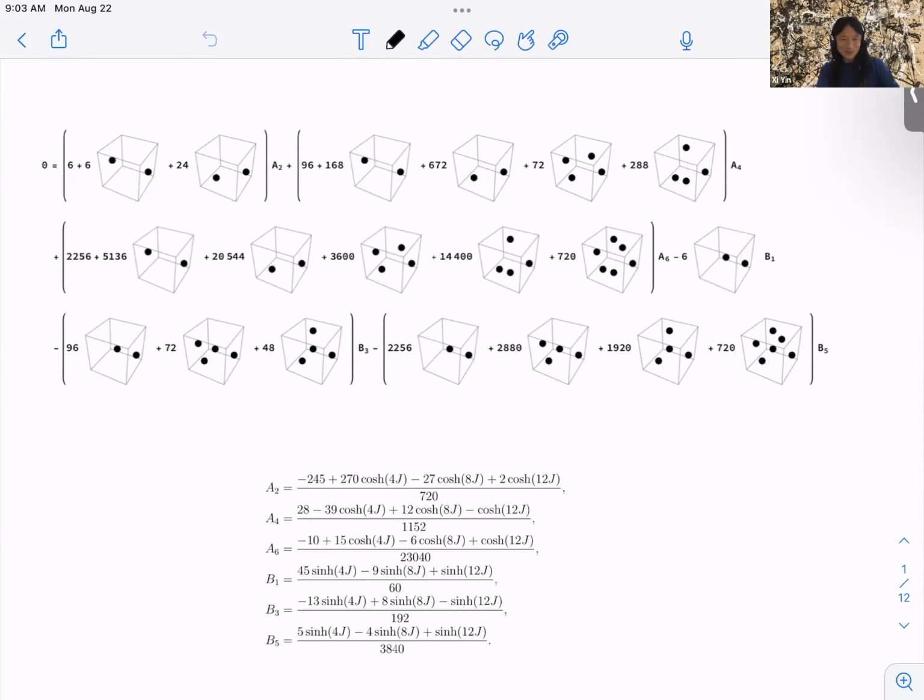So for example, some of the boxes have 2 spins, some have 4 spins, some have 6 spins. It's maybe a little hard to see exactly which dot is at which site in this 3 by 3 by 3 box, but this is not so important. It's just to show you the general form of this equation. And these A2, A4, A6, and B1, B3, B5 are some coefficients that are functions of J, which you can easily derive from the general form of the equation that I wrote earlier. So these things are quite explicit.